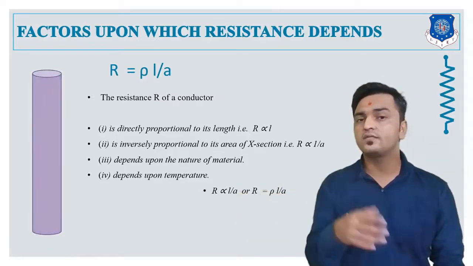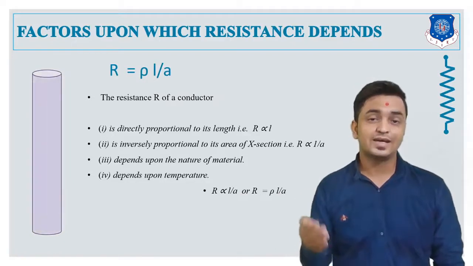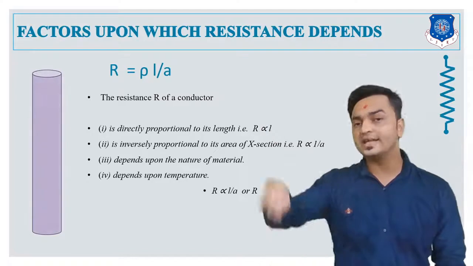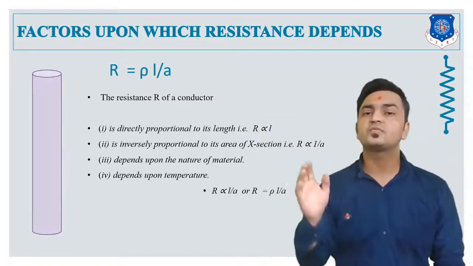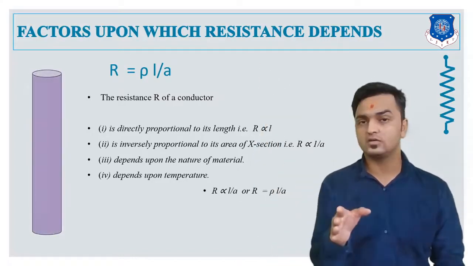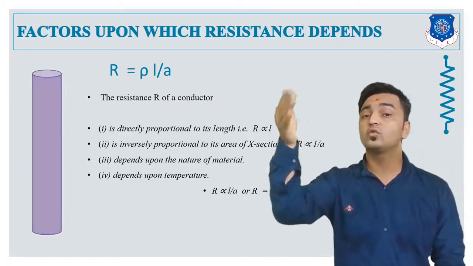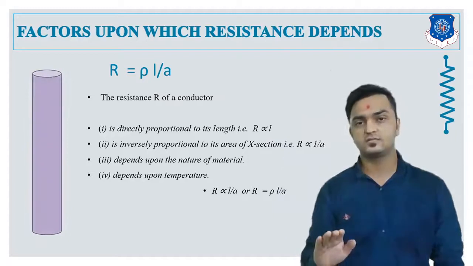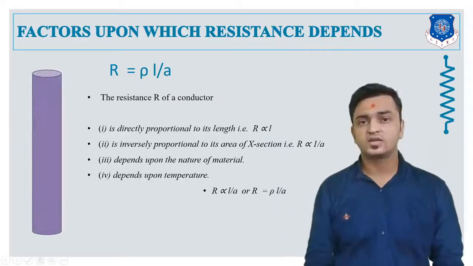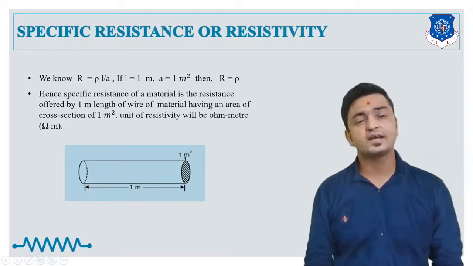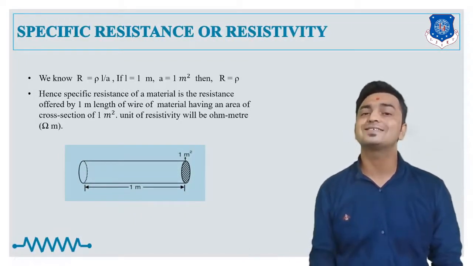First, if we consider a conductor and increase its temperature, the resistance of the conductor will increase. In case of semiconductor and insulator, if we increase the temperature, resistance of those materials will decrease.